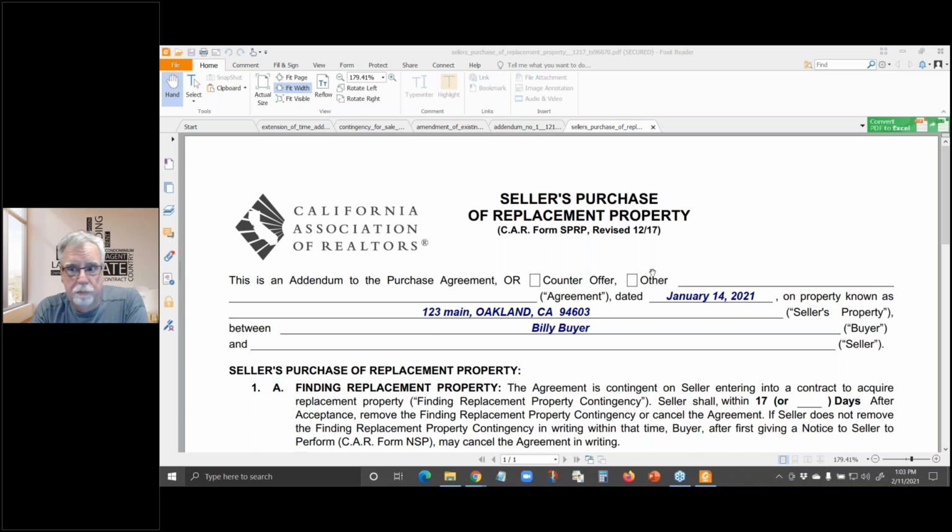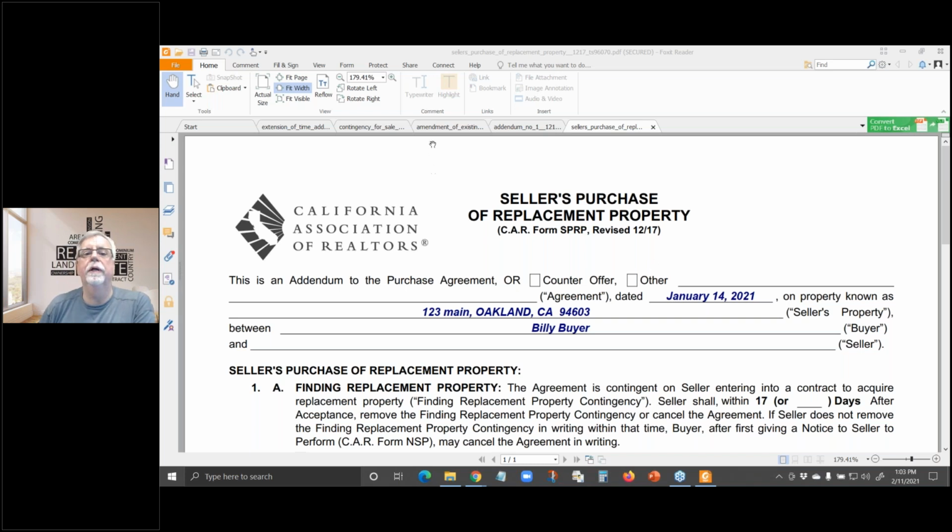And I don't have a poll for this, but there's another document that they just about always want to use. If the seller wants to say, I ain't selling unless I find a replacement property, there's another issue that they, just about always in my experience, want on the purchase.